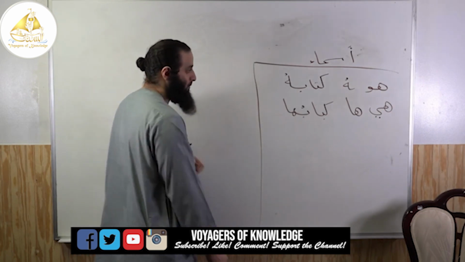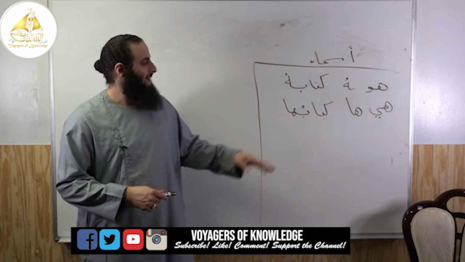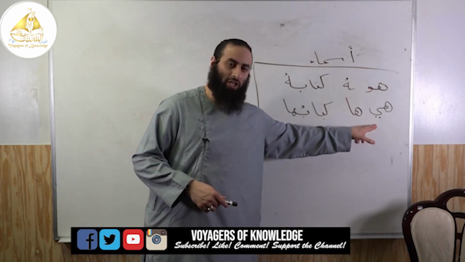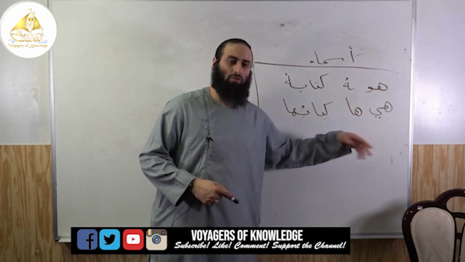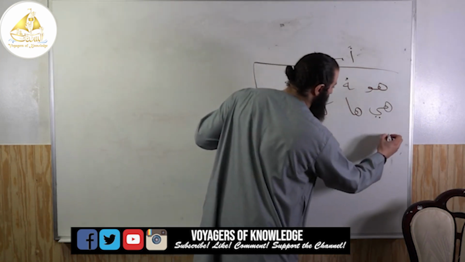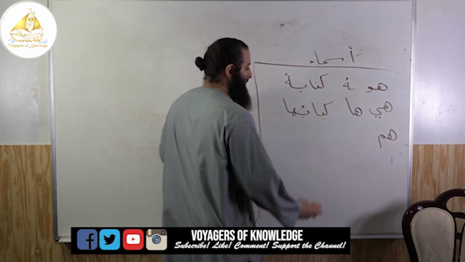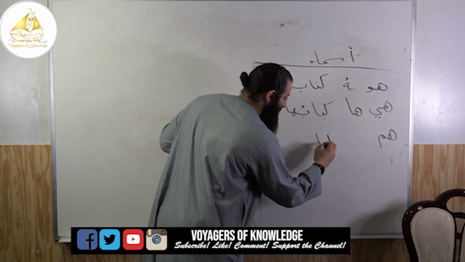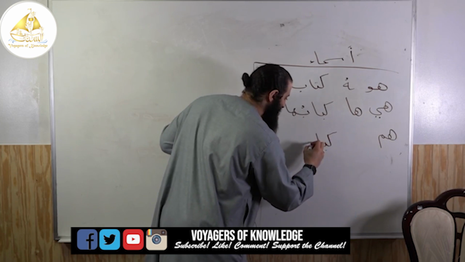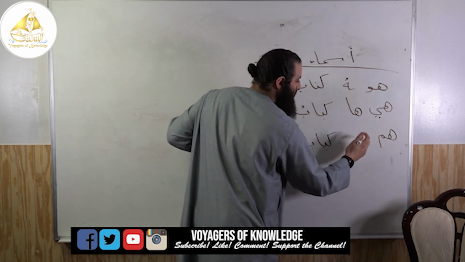All right. We've taken hiya. What else comes next? After he, she, now what are we going to do? A group of men. We're going to say hum. Taking the same word so there's no confusion, kitabu. All you're going to do is take this again, it's reused.